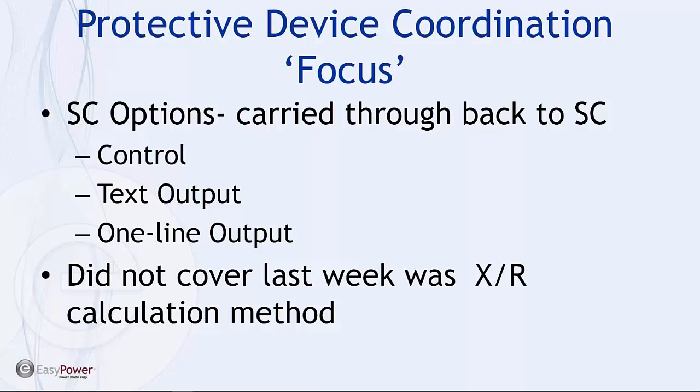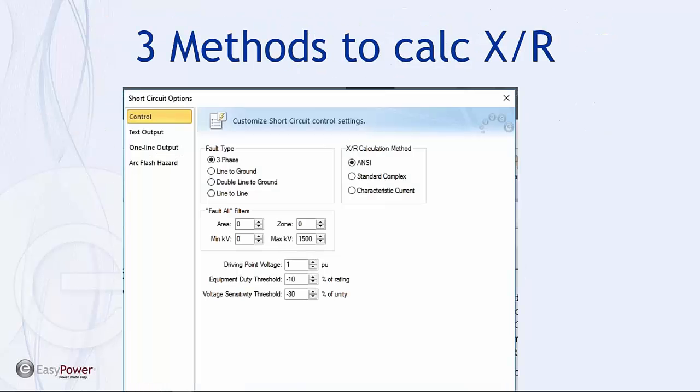Because it does impact our discussion on protective devices, I want to touch on it, and I would encourage you to follow up on the specifics, especially where it may impact your particular work. That topic is the calculation of X over R. When we go into the tools, you'll see that in short circuit options we have three choices for X over R calculation methodology.